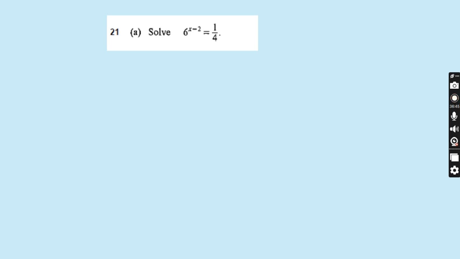Solve. Part A. 6 power x minus 2 is equal to 1 upon 4.